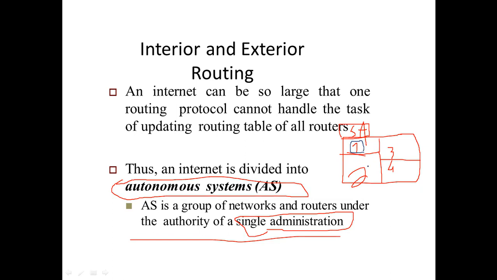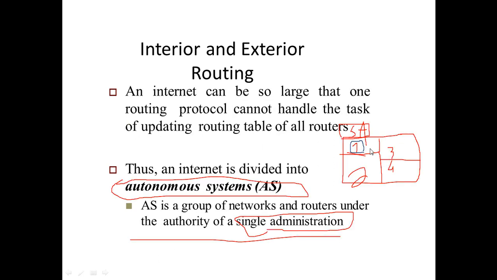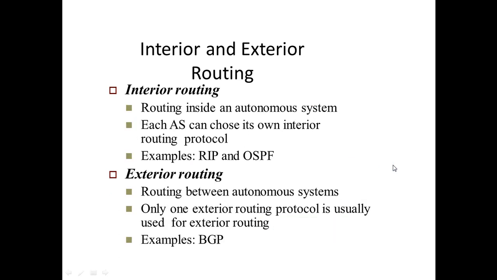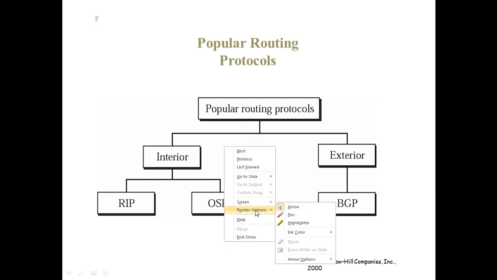And if you are using some kind of routing that is connecting two different autonomous systems, let's say one wants to communicate something to 4, this is known as exterior routing. Interior routing examples are RIP and OSPF, and the exterior routing is BGP, border gateway protocol. We will discuss all of these in different terms and technologies later on.